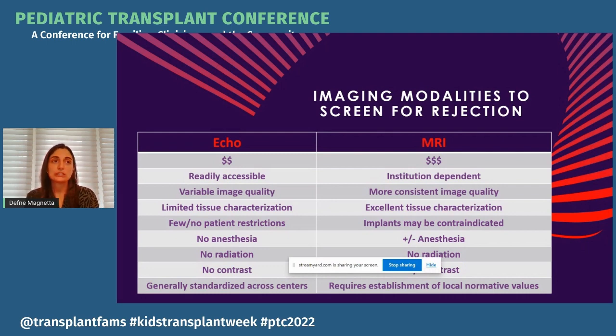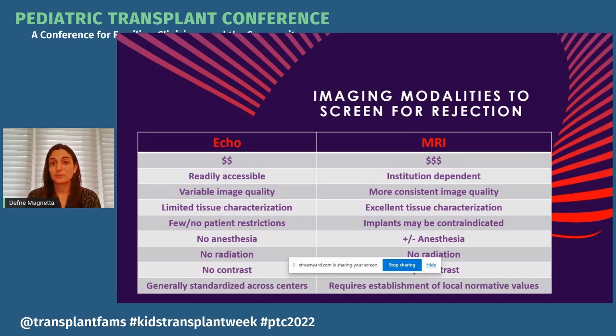There'll be plenty of patients, especially in the older years, that may have poor, what we call acoustic windows, or you can't see the heart very well. And so that may limit your ability to do some of the measurements that have been correlated with rejection. MRI, on the other hand, usually has pretty good image quality, and so can be a little bit more consistent. Echo does not do a great job at characterizing the tissue composition, whereas MRI does that really nicely, and I'll show you some examples.